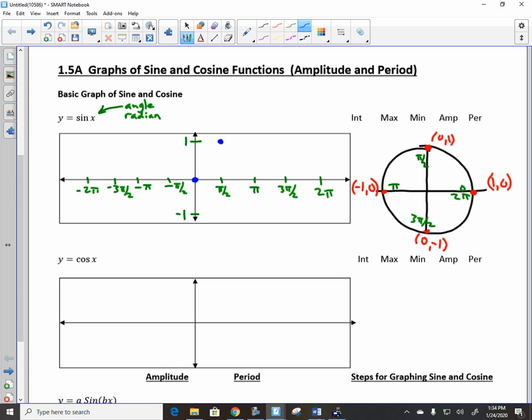At pi radians, what's the y value? 0. At 3 pi over 2, what's the y value?